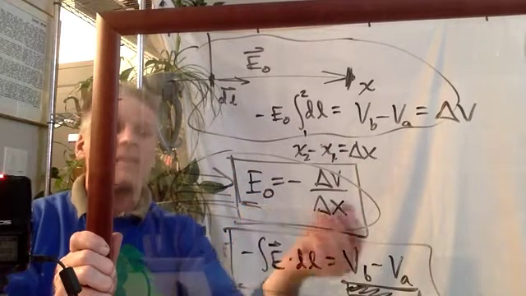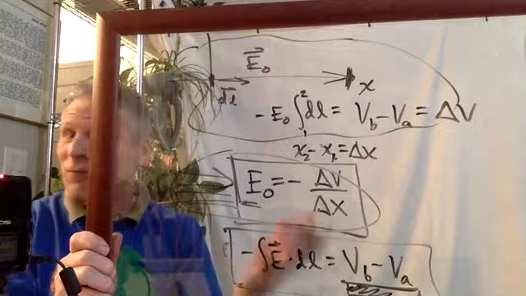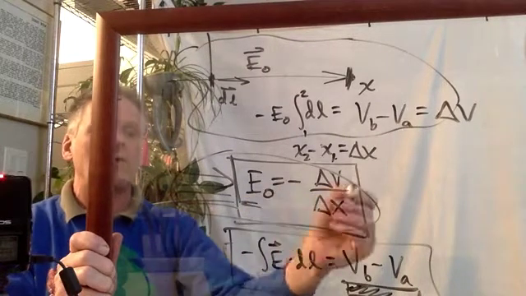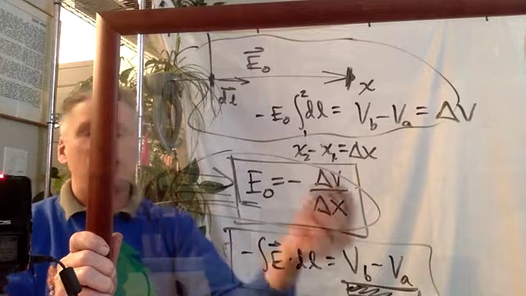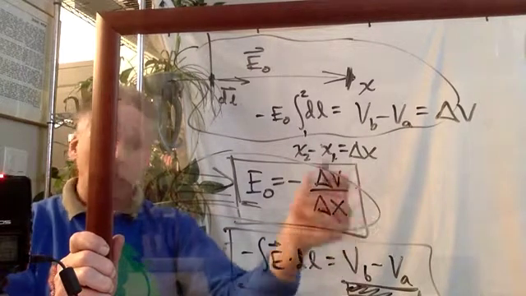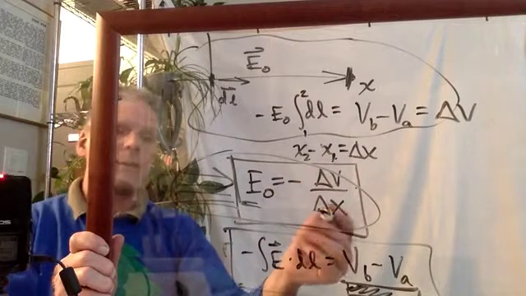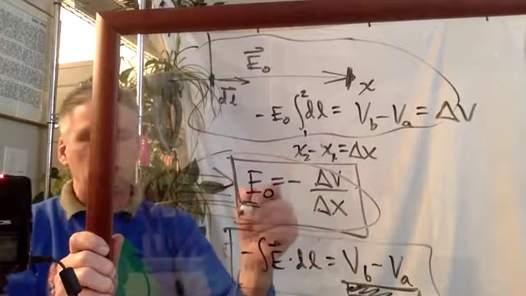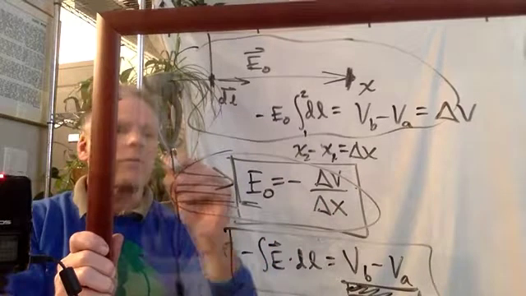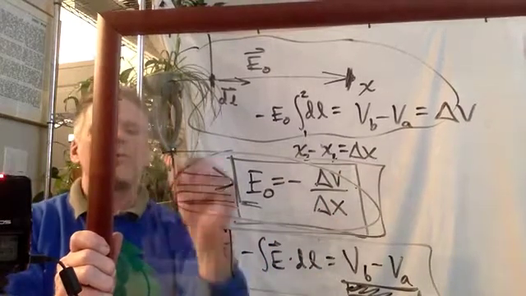However, if you are, this now gives us a very convenient way to calculate the electric field strength if we know the potential difference and the distance difference, or the potential difference if we know the electric field and the distance, or the distance if we know the electric field and the potential difference. Okay, so this is a pretty handy thing to think about.